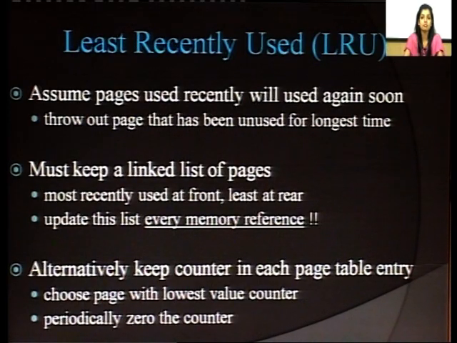Update this at every memory reference. Alternatively, keep a counter in each page table entry. Choose the page with the lowest counter value, periodically zero the counter. That means least recently used pages can be swapped, replaced with the requested page.